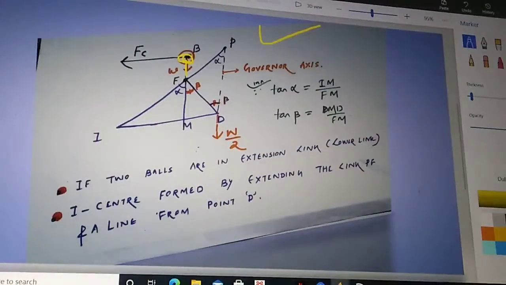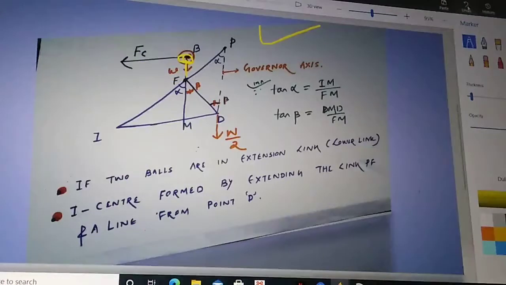It is considered that due to the motion of these fly balls, it is subjected to a centrifugal force Fc in this direction. This is the centrifugal force, and this is the weight, small w, the weight of the fly ball.